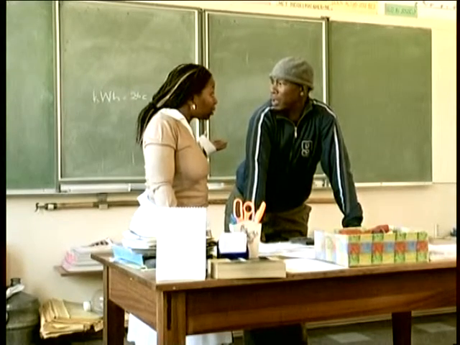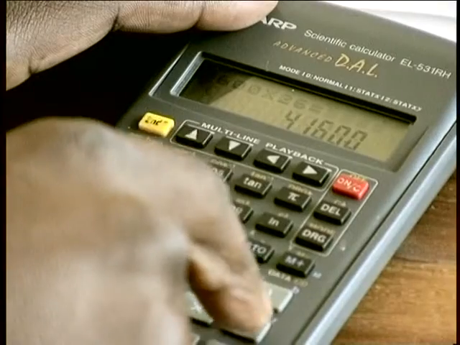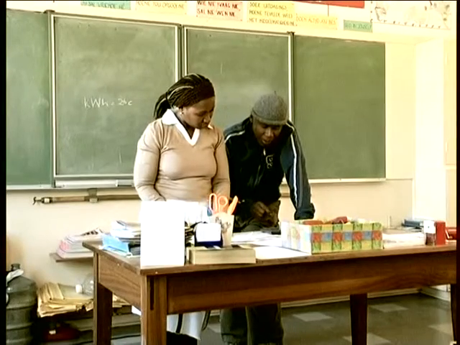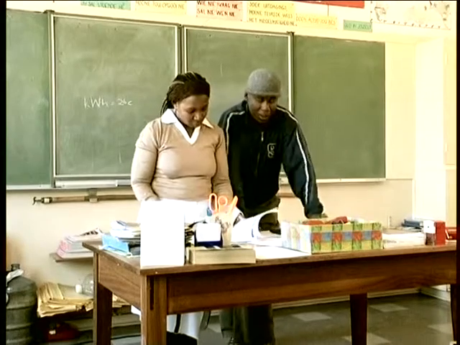And? You can't work using such huge amounts. You've got to have it in rands and cents. I guess I have to divide that by 100 because we have 100 cents in 1 rand. Divided by 100 is equal to 416 rands then.